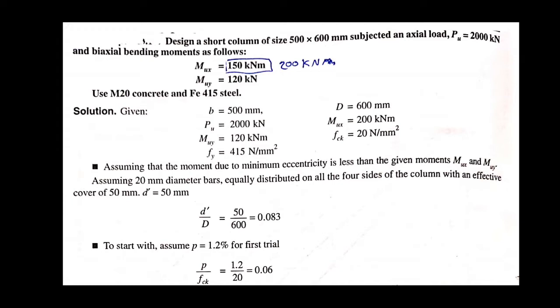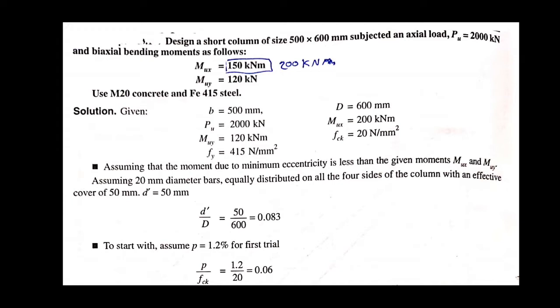Use M20 concrete and Fe 415 steel. So, the cross section of this column will be like this as you see on your screen. This is the x axis and this is y axis. So, let us start the solution.